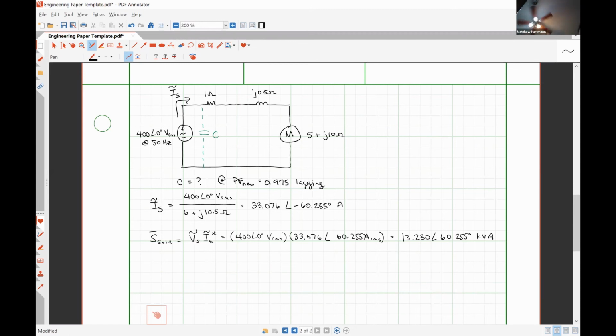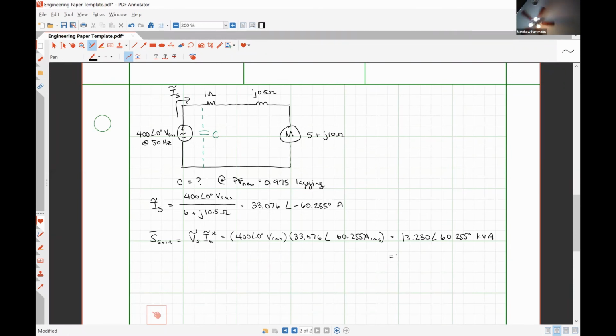My power factor, let's see. Actually, I don't even need to figure out what that power factor was. I have the complex power, so that is enough information. But I should express it in rectangular coordinates as well. That's going to be useful to me.